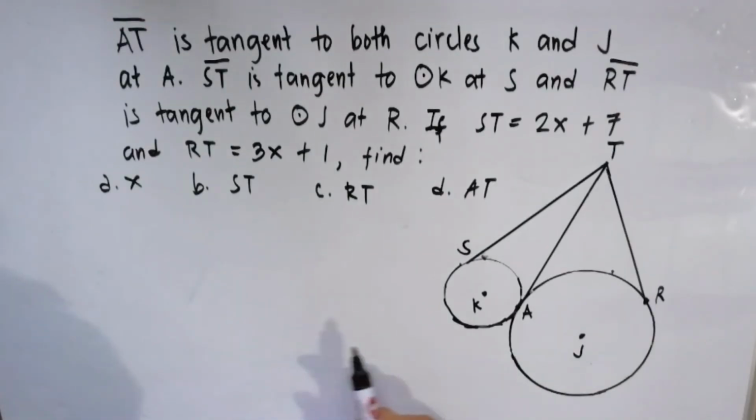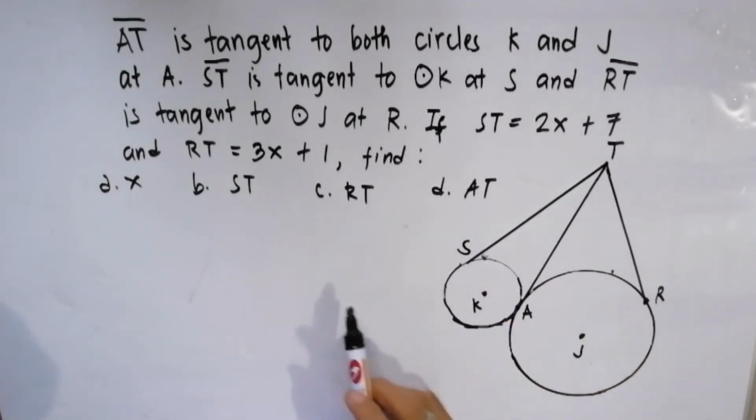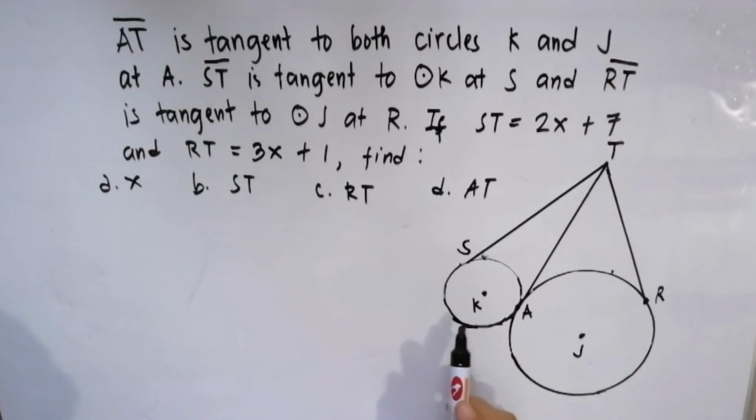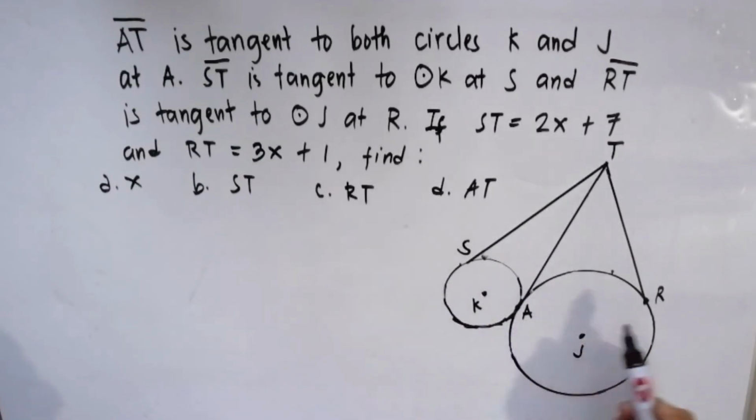AP is tangent to both circles. So this A is tangent to circle P, and RT is tangent to circle J. If AT is 2x plus 7 and RT is equal to 3x plus 1, find x.